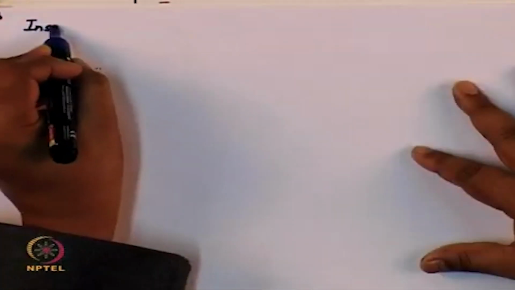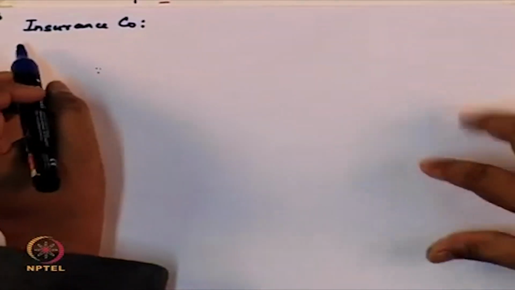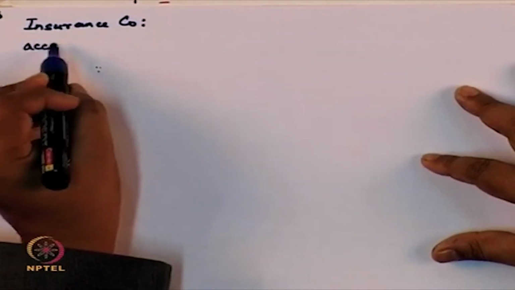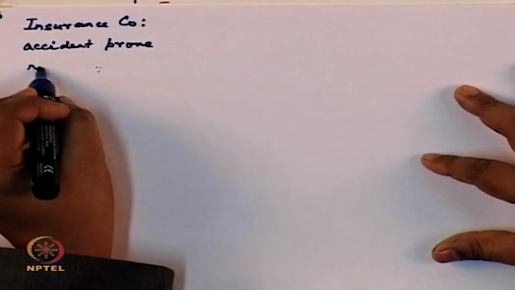Let us revisit the problem that we had posed in last class. We had an insurance company which labels every person as accident prone or not accident prone.